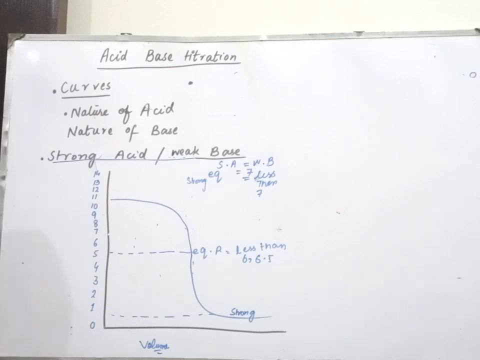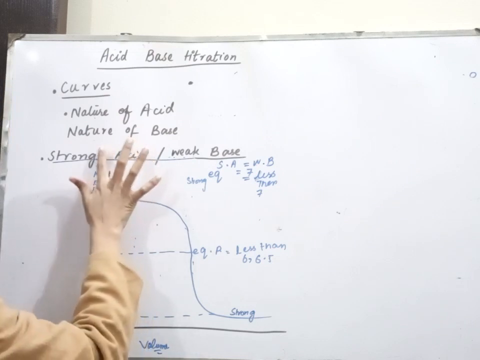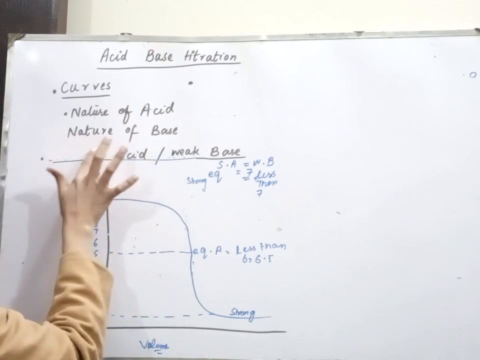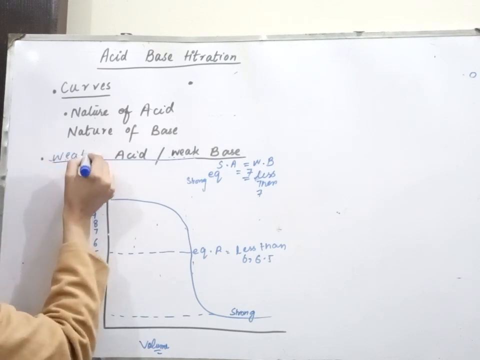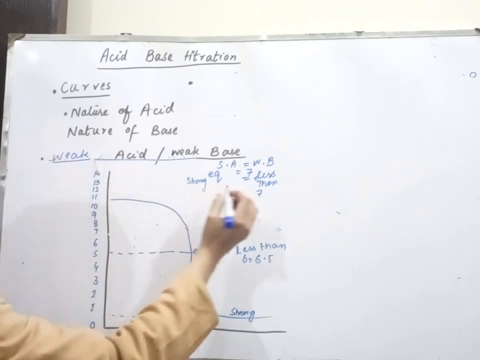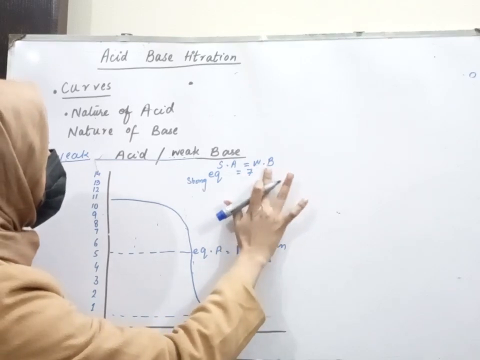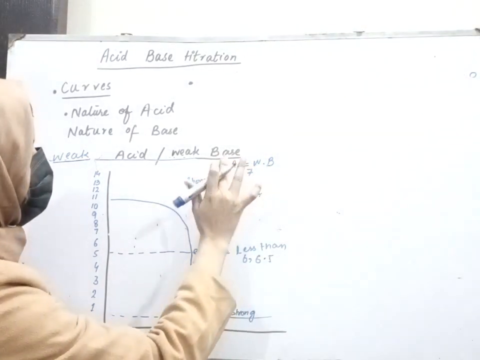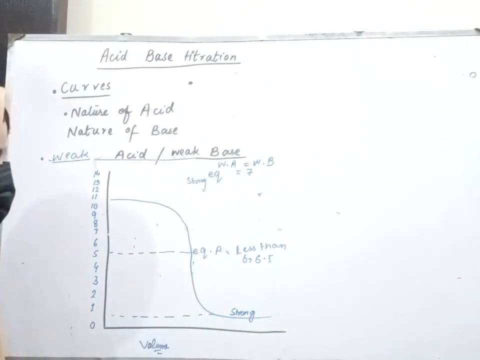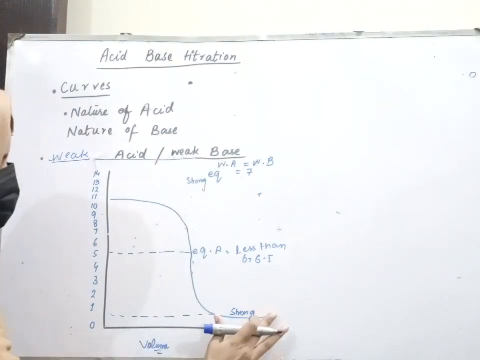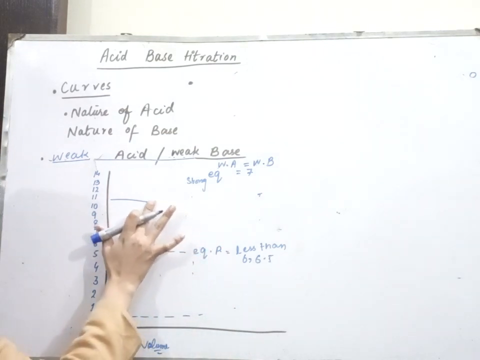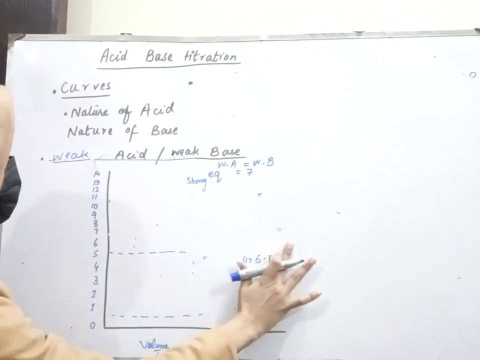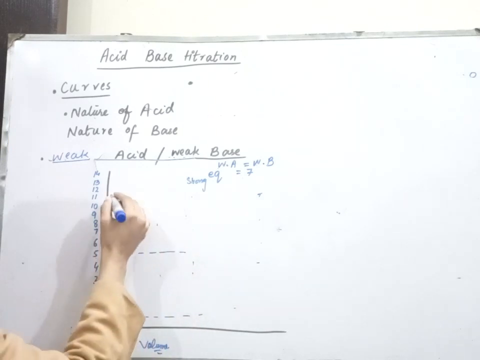Now I will draw the graph between weak acid and weak base. When the nature of acid and base is the same, the equivalence point will be 7. Weak acid and weak base, but the curve will be like this, because of the change in equivalence point.